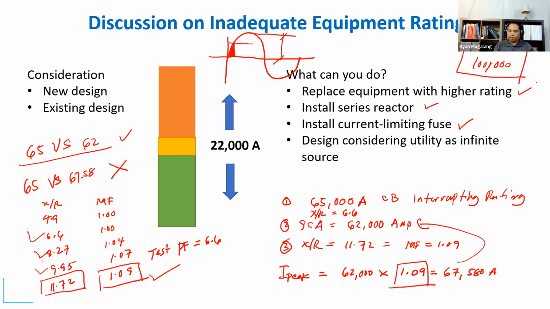Okay, we already talked about the utility as an infinite source, so that's done. Series rating is another topic. This is related to current limiting fuses. Series rating is essentially about when you have a device such as a breaker that is not passing the calculation.